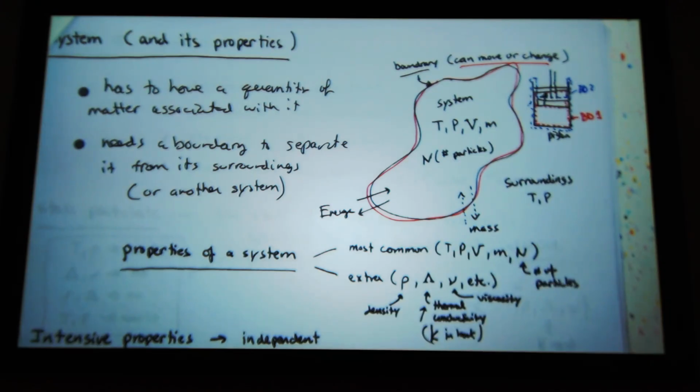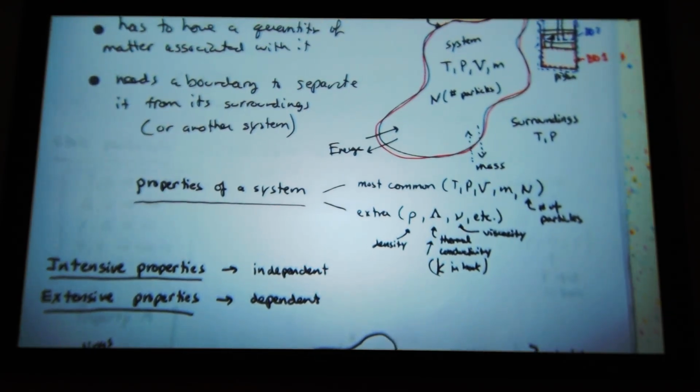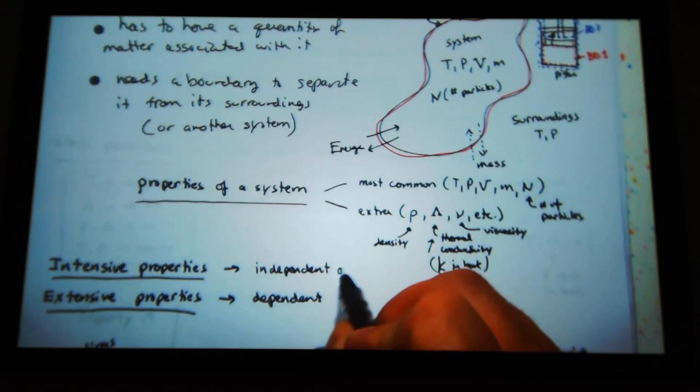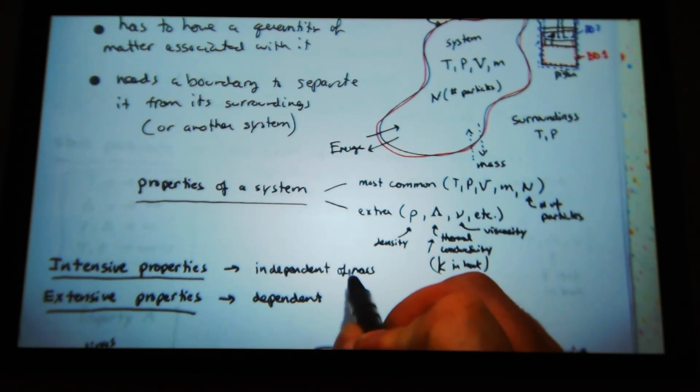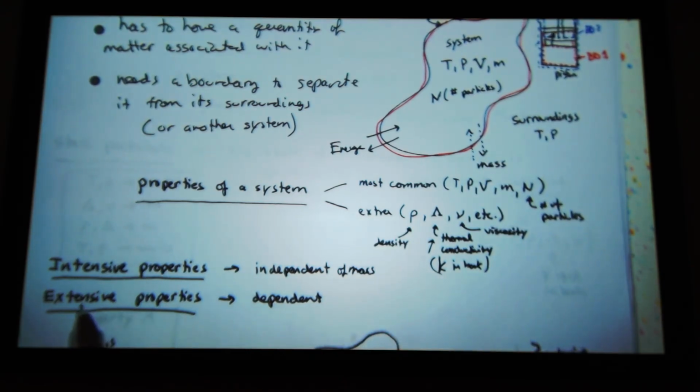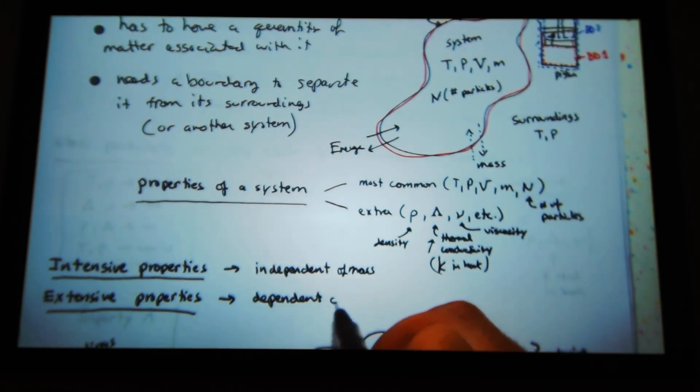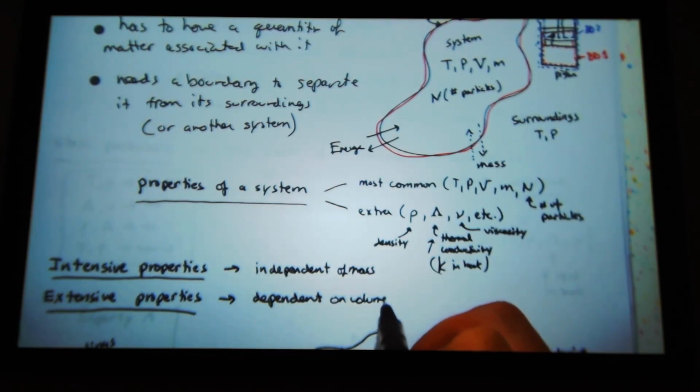Okay, so here are my system and properties. You can break down properties into two subsets, intensive properties and extensive properties. Intensive properties are independent of mass, and extensive properties are dependent on mass.